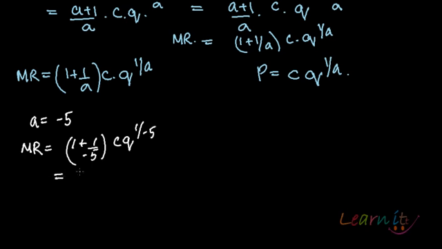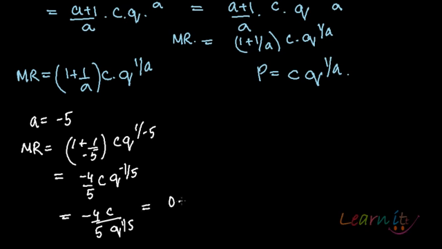So that would become minus 5 plus 1, minus 4, so this is minus 4 by 5 c q to the power minus 1 by 5, or minus 4 by 5 c upon q to the power 1 by 5.